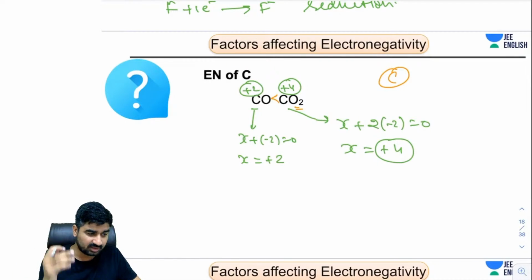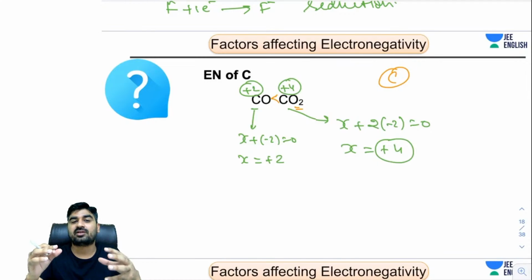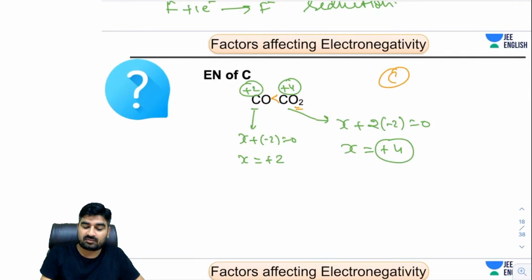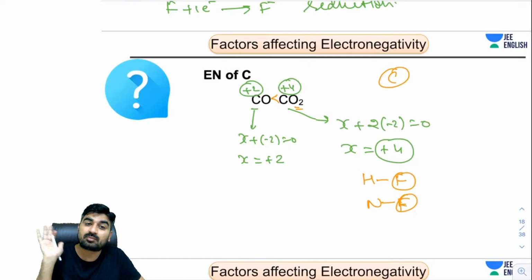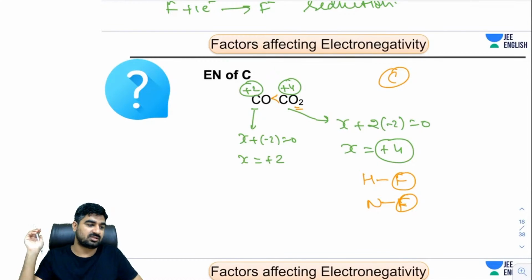This is the case not with just C, but with every element. Its electronegativity is not fixed. Like if I take fluorine with hydrogen and fluorine with nitrogen, then the electronegativity of fluorine will be different in both cases. It changes as the environment changes.